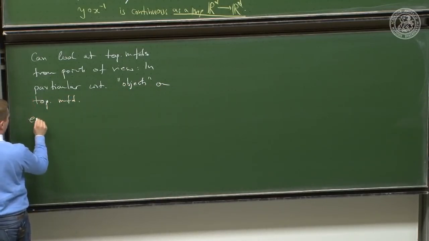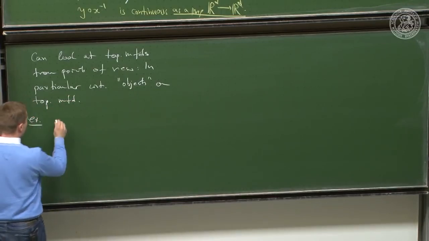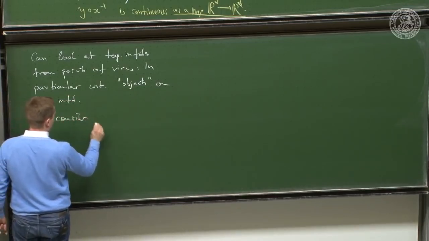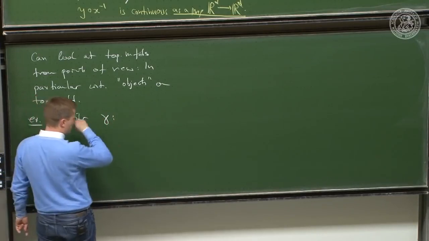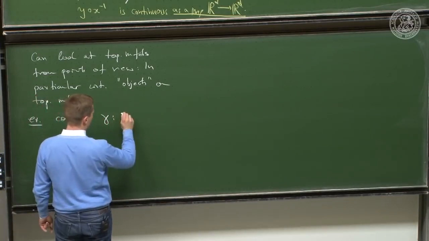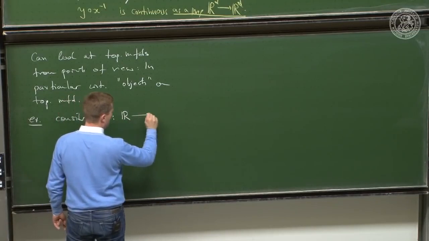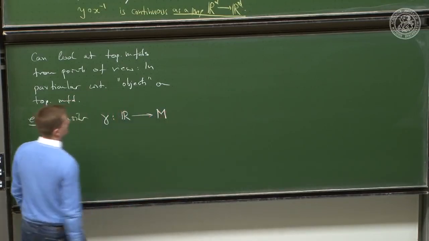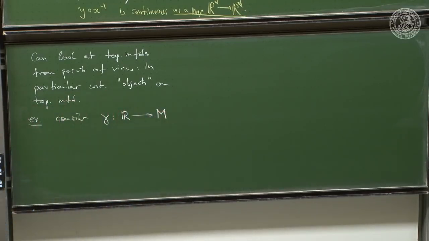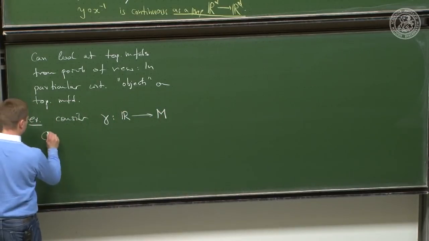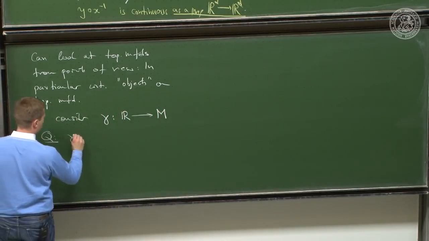For example, consider a curve. Consider a curve gamma. What's a curve? Well, let's say a curve is a map from all of R into the topological manifold. Now, you could have the question, is the curve continuous?